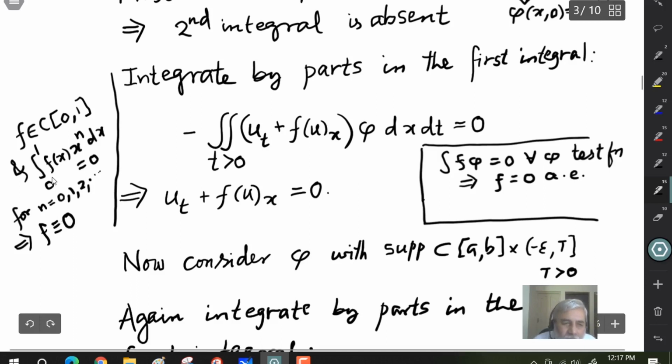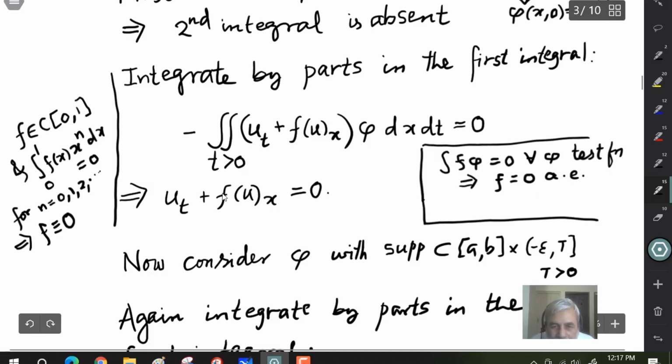This result follows from the Weierstrass theorem, namely any continuous function is approximated by a polynomial. In other words, the polynomials are dense in this space. Similarly, these test functions are dense in many integrable classes of functions, and that gives you this result.